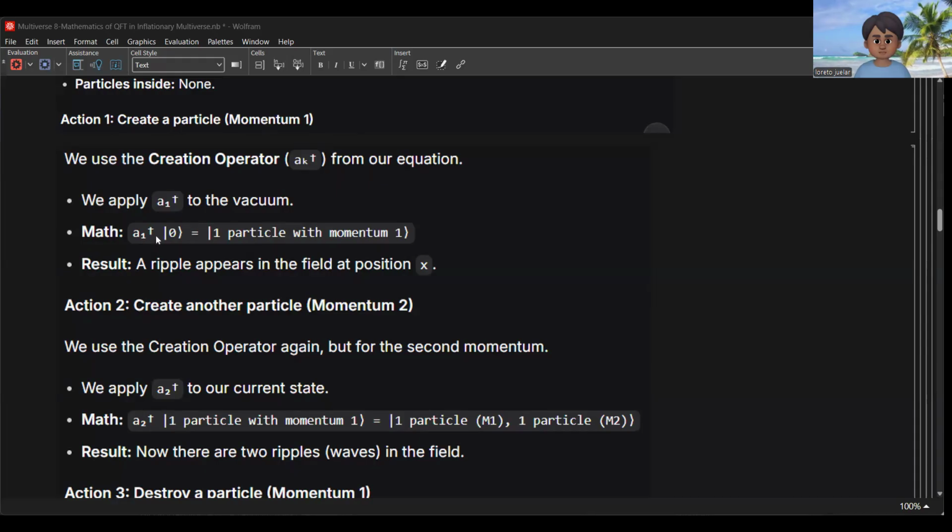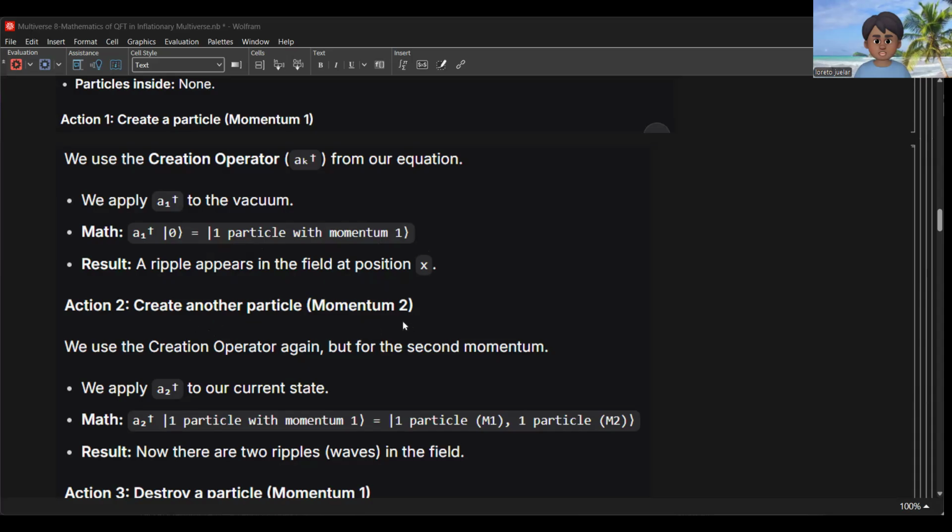This is the creation operator acting on the zero particle state. So the result is one particle with momentum one. As a result, a ripple appears in the field at position x.